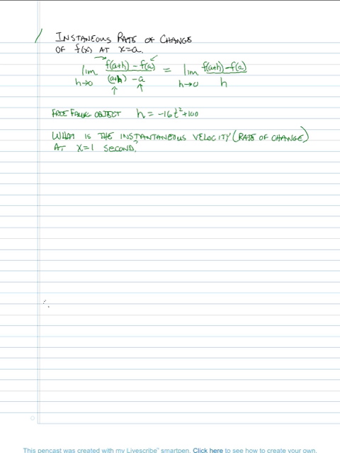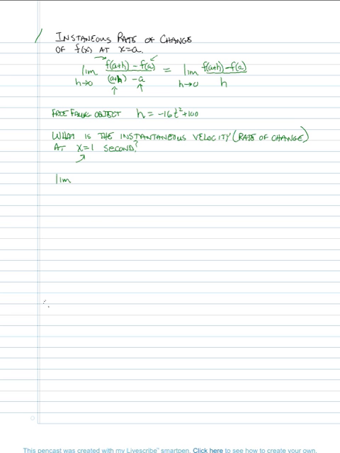Now, when you're talking about an average rate of change, you're talking about from one x value to another x value. But when you're talking about an instantaneous rate of change, you're talking about one specific time or one specific x value. So we have to set up a limit here, and the limit looks like this.